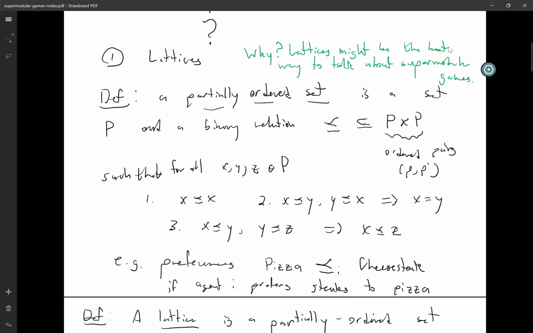You start with a partially ordered set, which is a set with a binary relation. And we can think of this relation as a notion of preference. And by the way, if anyone can't read my handwriting, I can rewrite something or say what I mean. So this relation satisfies three properties.